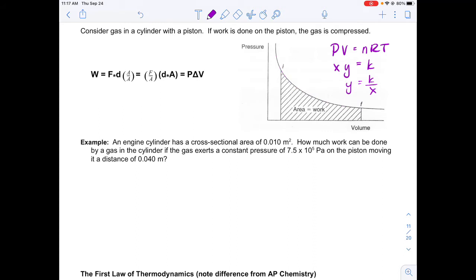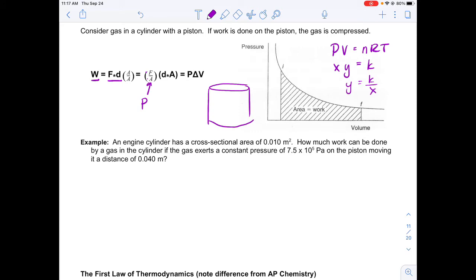Okay, we also know that work equals force times distance. And if I multiply that formula by area over area, I can rearrange it to be work equals force over area times distance times area, and that's equal to pressure times change in volume. So force over area, you may remember, is pressure. Let's think about this.